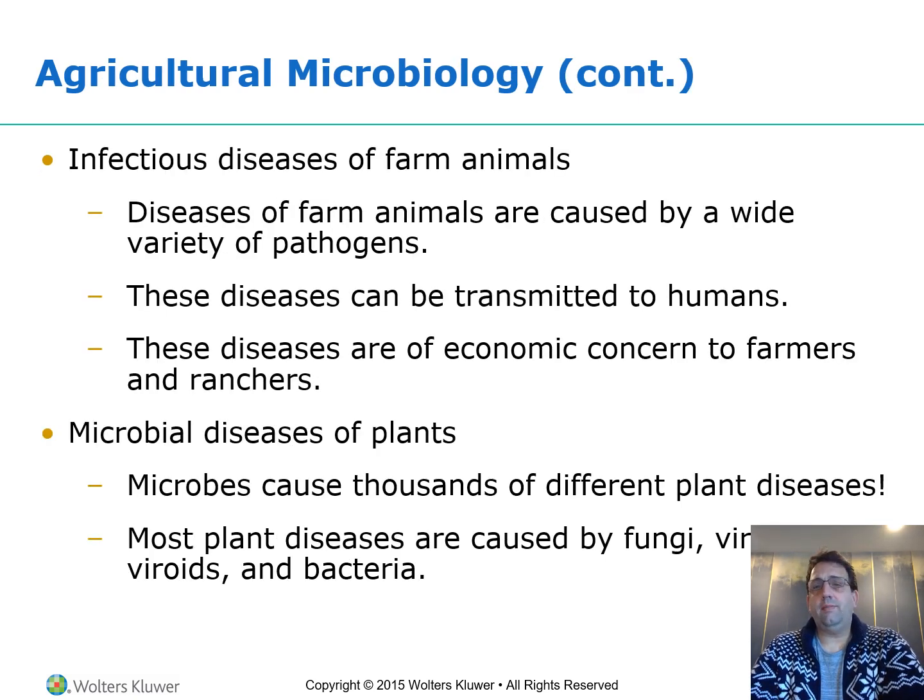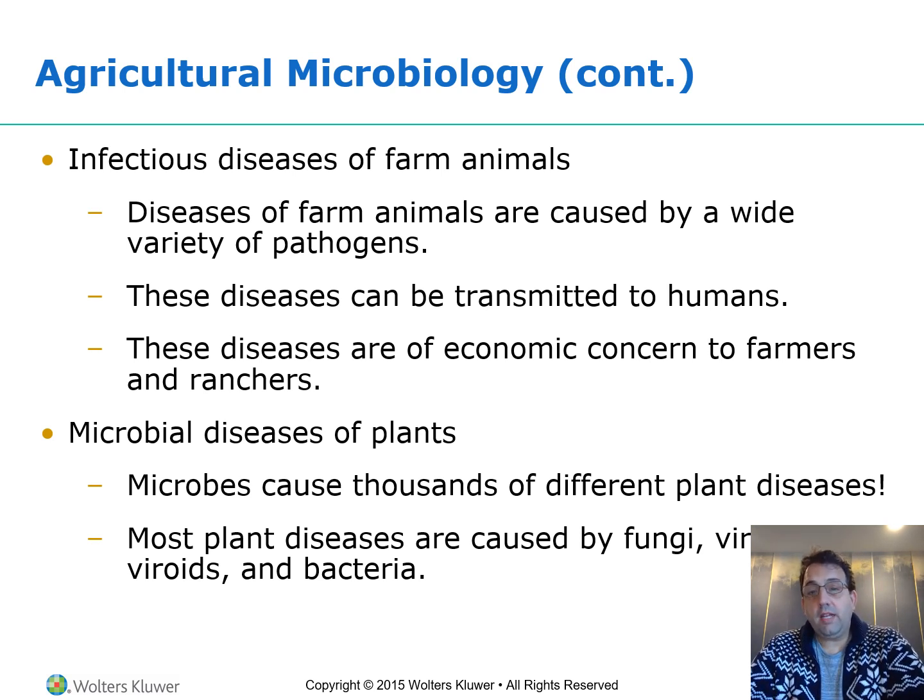Now, diseases of farm animals are caused by a whole bunch of pathogens. Many of them can be passed on to humans. These are things that farmers and ranchers will worry about, and humans should worry about, because if you can pass a bacterial infection from a cow to a human, anyone who comes into contact with those cows could be passing an infection onto the humans.